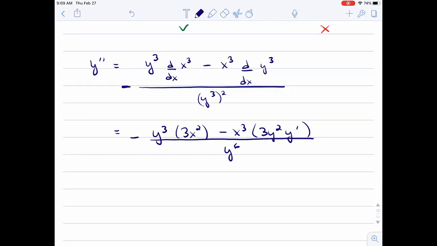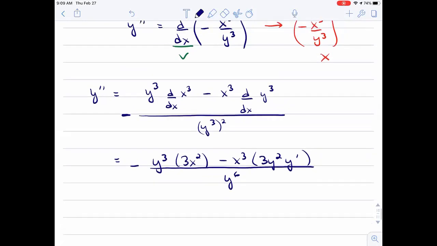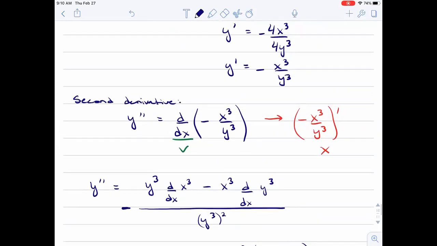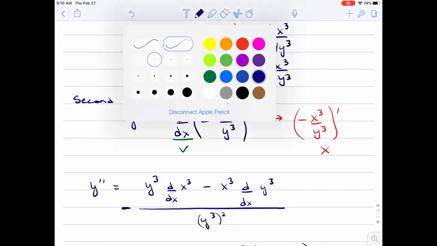So this is all fine. We can probably rearrange some stuff, right? But the key here is that we know what y prime is. We don't want to have y double prime in terms of y prime, because then all of a sudden we've got three variables: x, y, and y prime. But we already know what y prime is because we had to find it originally.